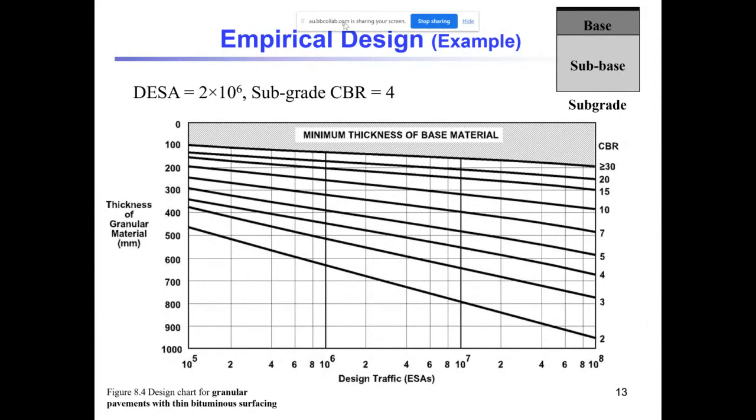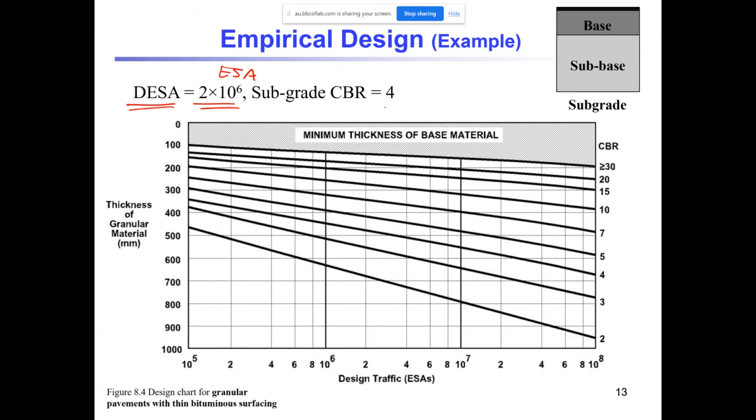Let me show you one very simple example and show you how we can use this chart to design unbound granular pavement. We have the design traffic. It is 2 times 10 to the power 6 equivalent standard axles, and also the subgrade strength is CBR equal to 4.